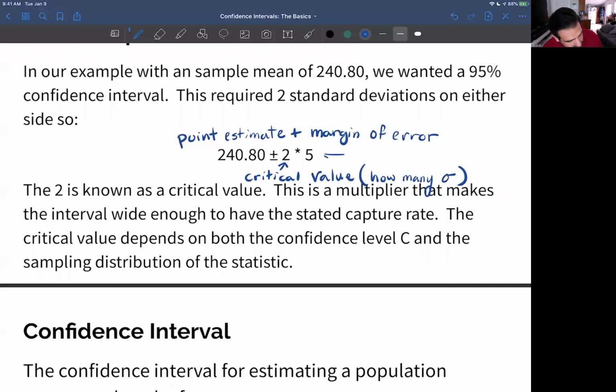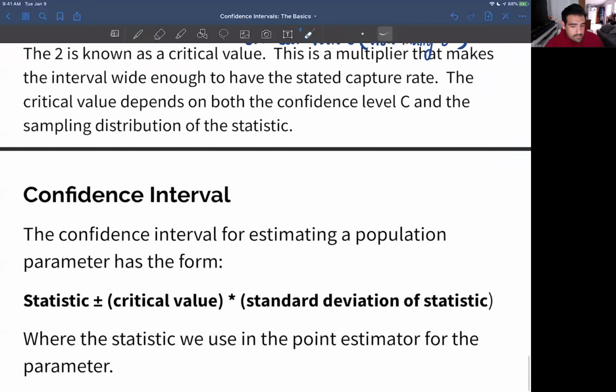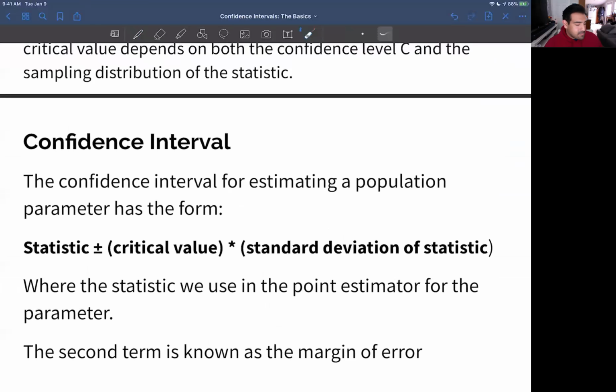This right here, the 5, is the standard deviation of the statistic. And I'll actually cover that in a different video. The standard deviation of the statistic. So the margin of error is the critical value times the standard deviation of the statistic. Never mind, we'll cover it right now.